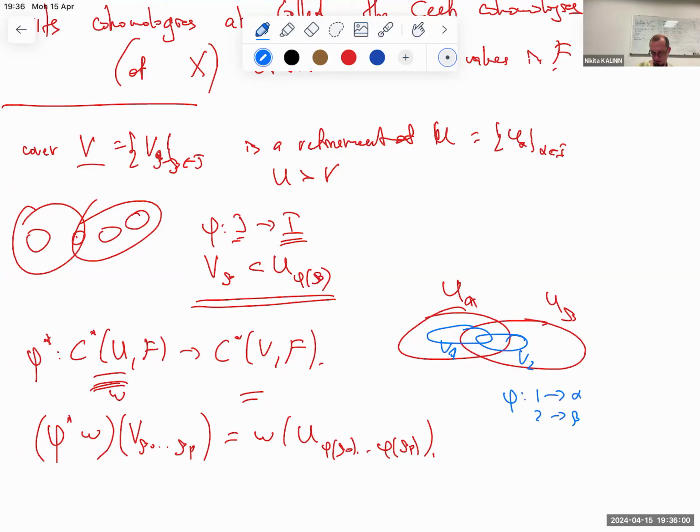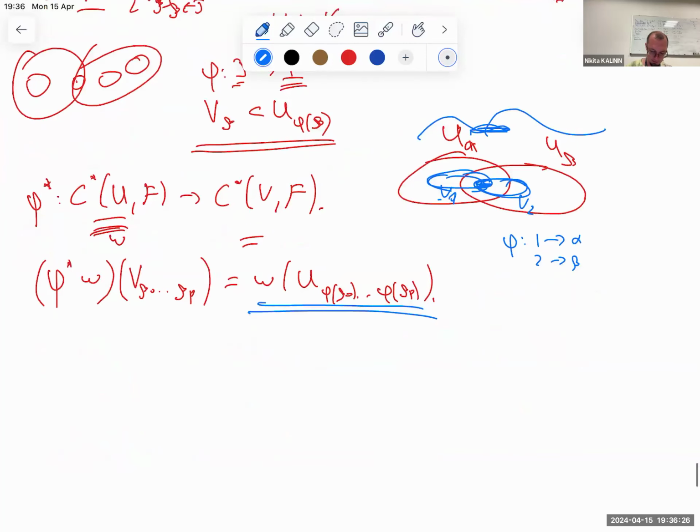And then if I have a certain omega which associates something to U alpha and U beta, to the intersection of U alpha and U beta, then I look at the intersection of V1 and V2 and I associate the same. Yeah. Okay, the only thing that we can do.